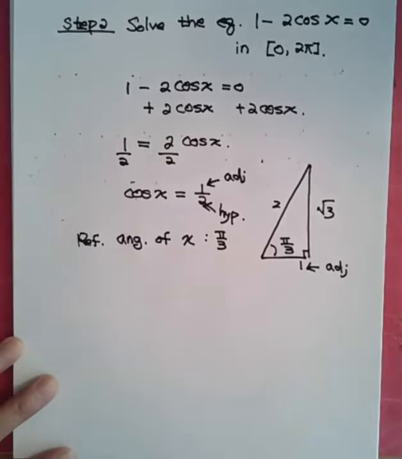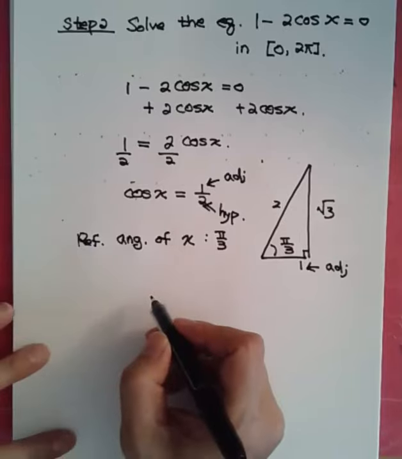We want to identify the angles whose cosine value becomes 1/2 among the angles from 0 to 2 pi.